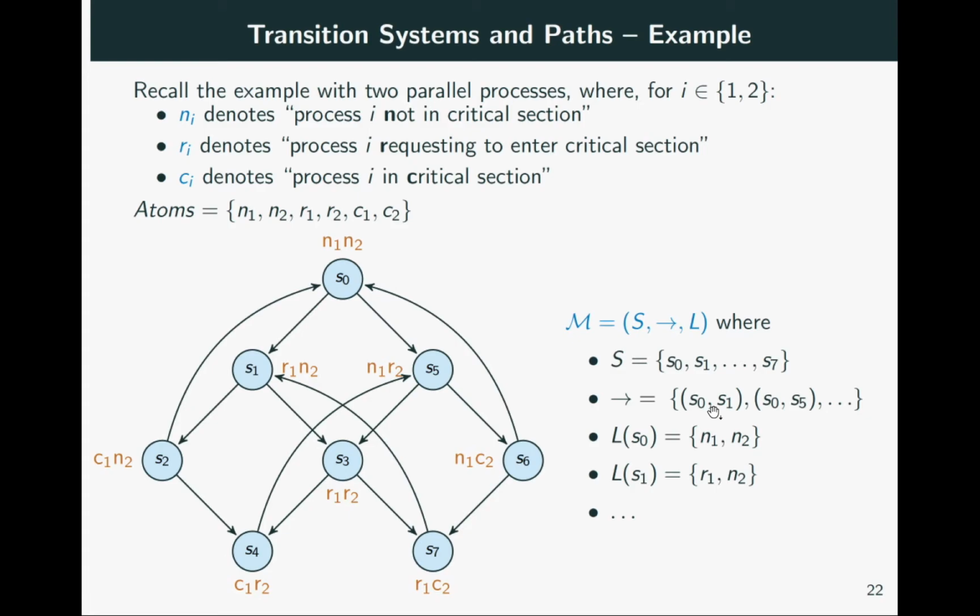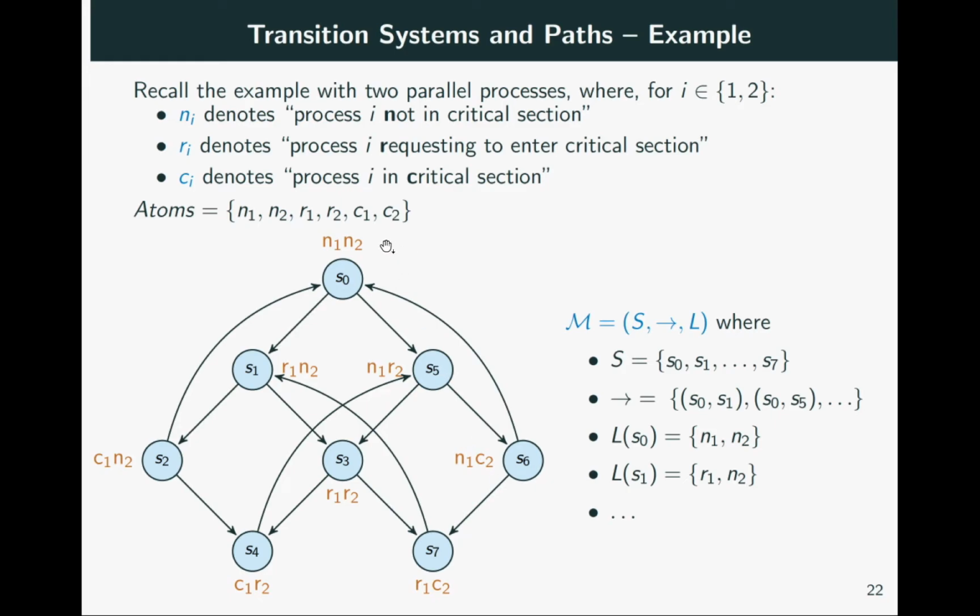This is the usual way to define a relation or a graph as a set of pairs. And the labeling function L sends S0 to N1 and N2, S1 to R1 and R2, S5 to N1 and R2, S3 to R1 and R2, and so on.